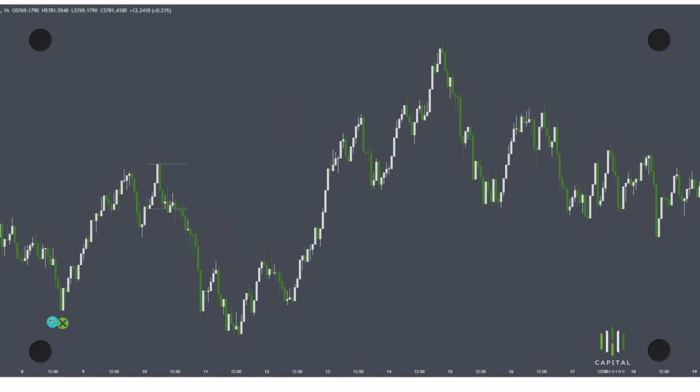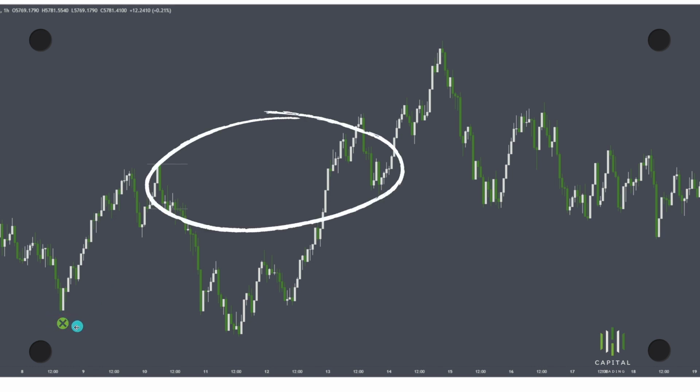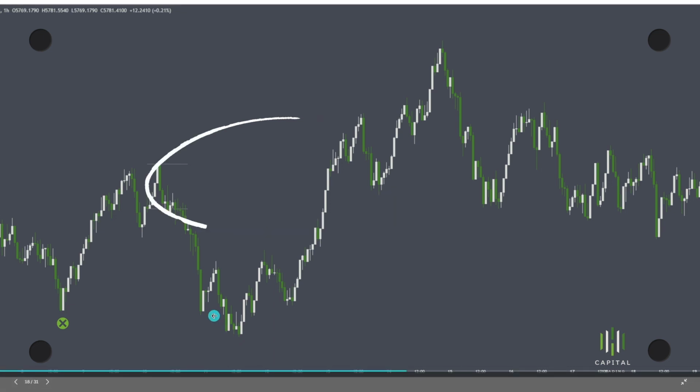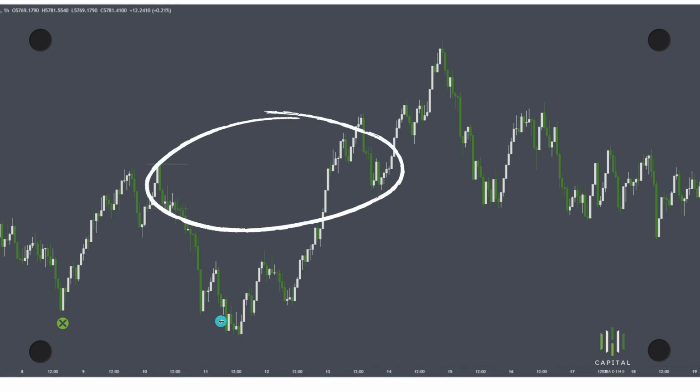If you look at the bottom left, you'll realize that there is an X here. And then if you extend to the right, you realize that this X was violated. So this is an old swing low that's been violated, or a stop run below the swing low, and then they went up. What happened when they went up? They took out this high, and then they came back down and found support on this high.